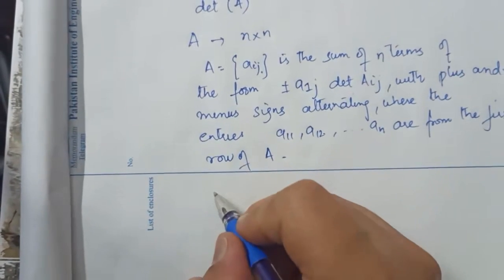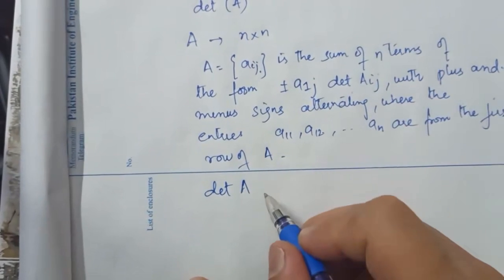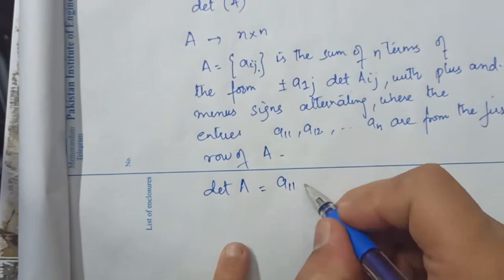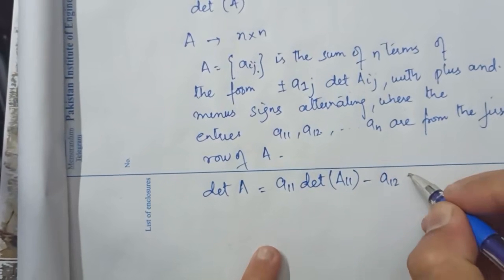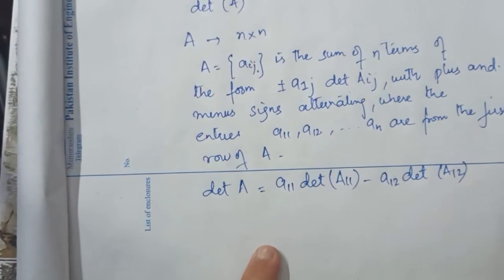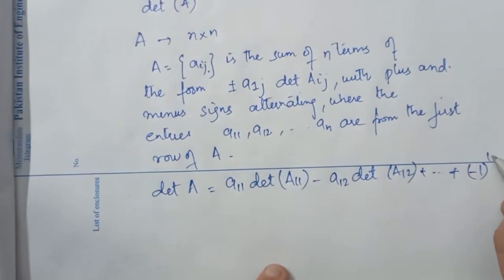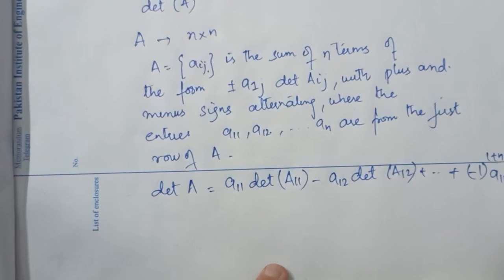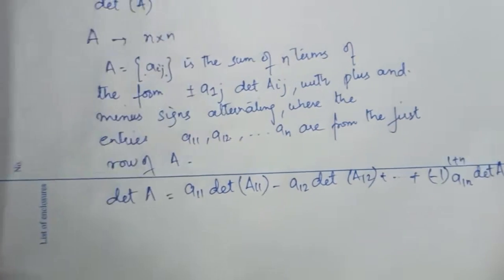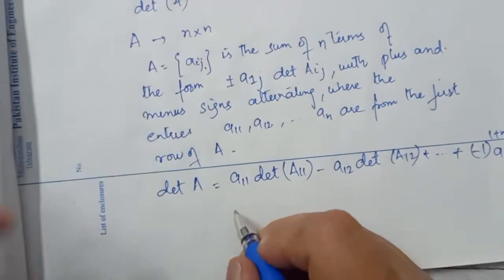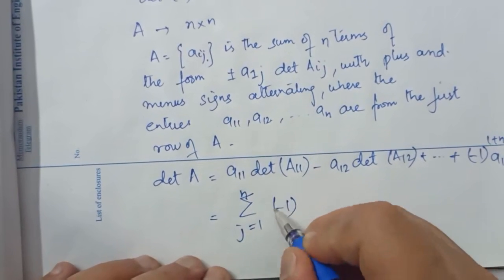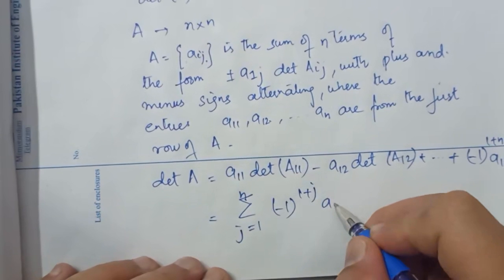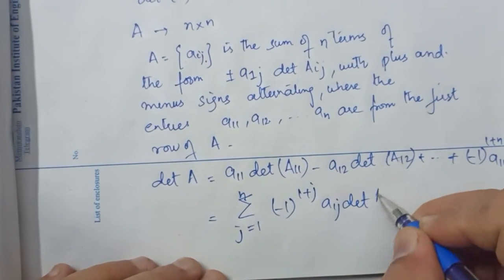So we can expand this: the determinant of A, the sum of n terms, equals A11 determinant of A11 minus A12 determinant of A12 plus, and so on, up to minus 1 to the power 1 plus n, A1n determinant of A1n. This can be written as the sum over j equals 1 to n of minus 1 to the power 1 plus j, A1j determinant of A1j.